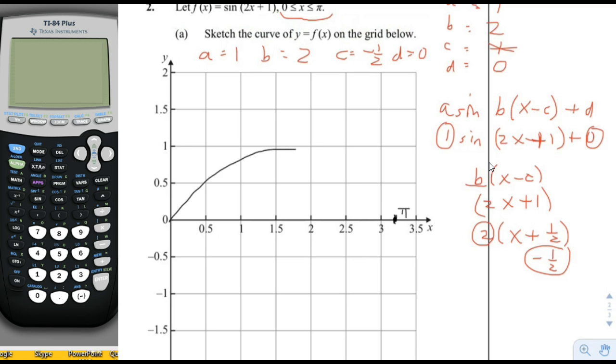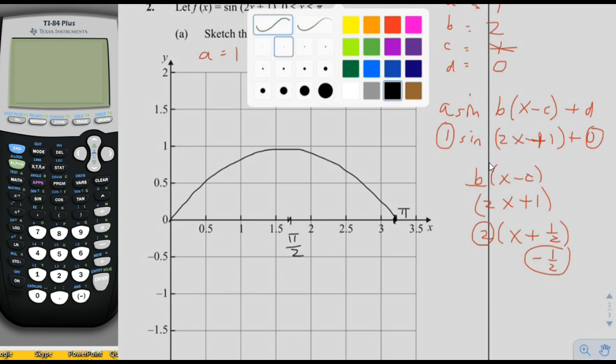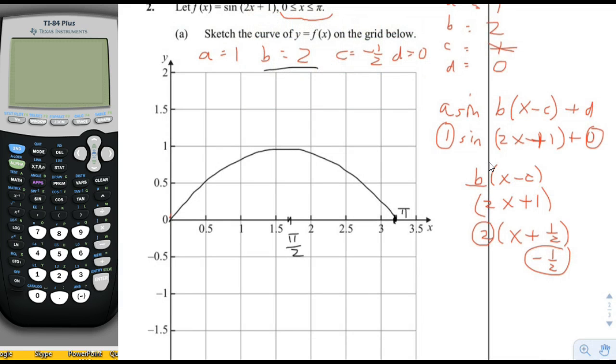This is the regular sine wave. And then this sine wave has a horizontal stretch by a factor of 1 half. So instead of ending at pi here, it would be at half a pi, right here, so pi over 2. And so the sine wave is going to be kind of like that.